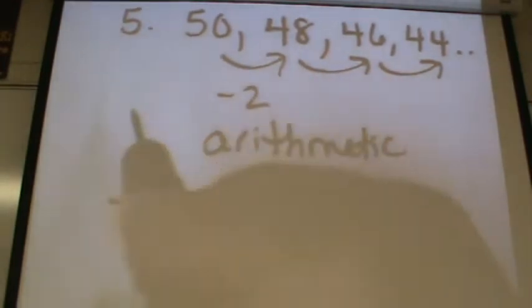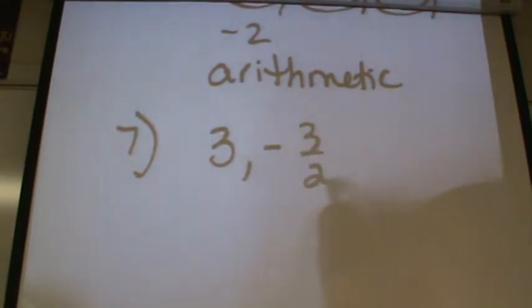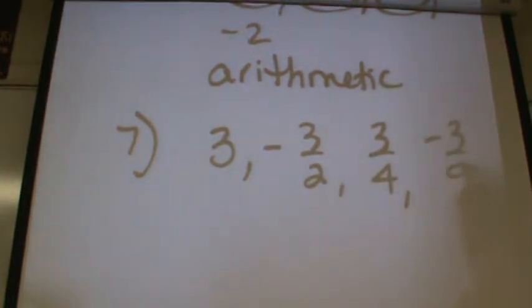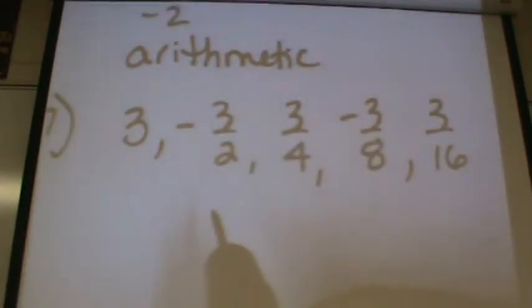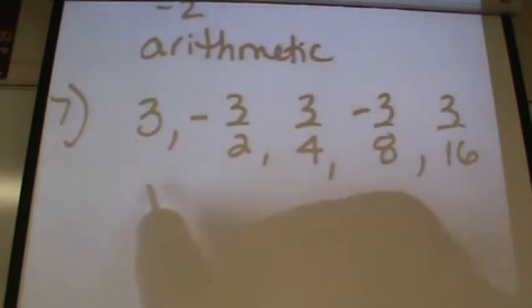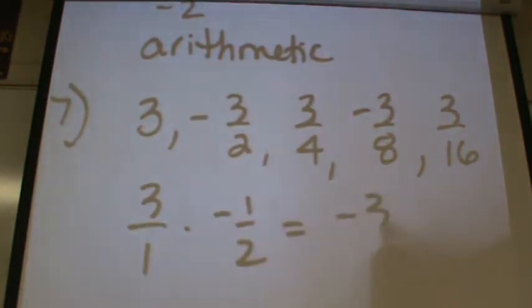Number 7, you're going from 3 to negative 3 halves, to 3 fourths, to negative 3 eighths, and to 3 sixteenths. It looks like you're multiplying by negative 1/2. 3 over 1 times negative 1 over 2 is negative 3 over 2.